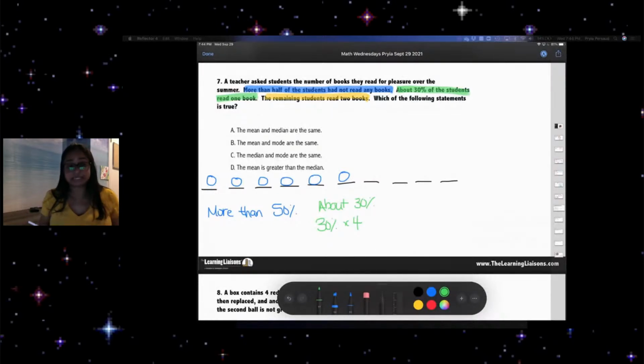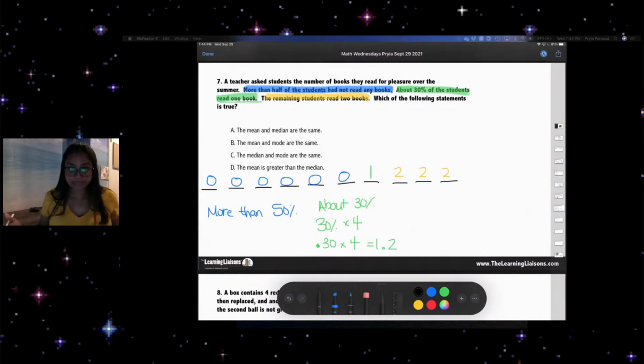Okay, well, let's get the calculators out. 30% as a decimal is 0.30, and we're multiplying that by 4. Well, 0.3 times 4 is going to give me 1.2. I don't know about you, but there's no such thing as a 0.2 student. So about 1 student read 1 book. Remember, the remaining kids read 2 books.